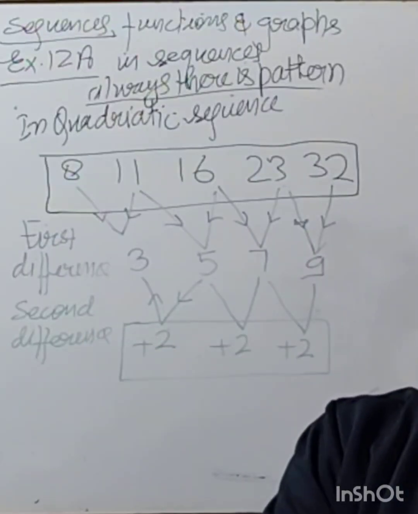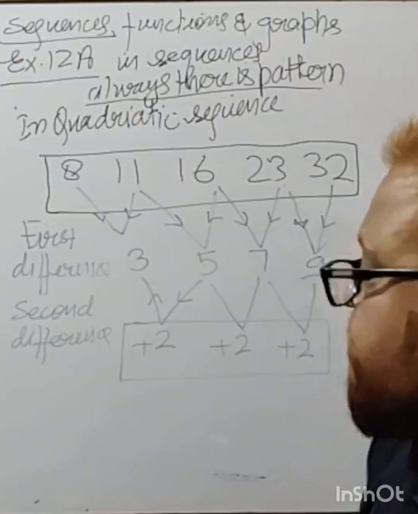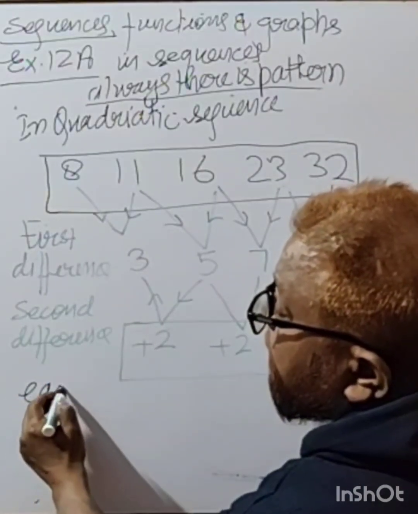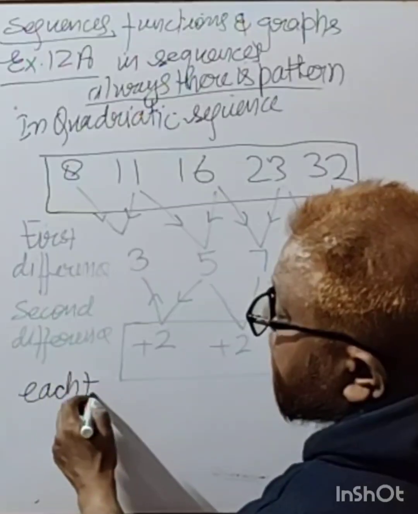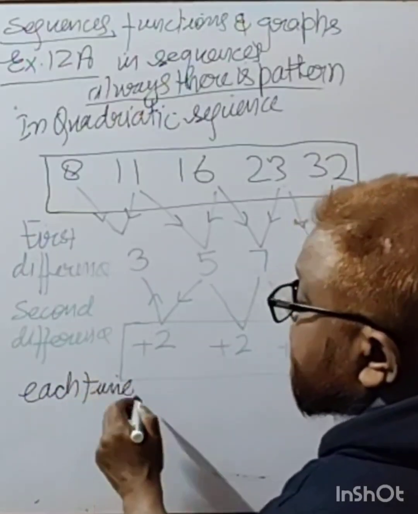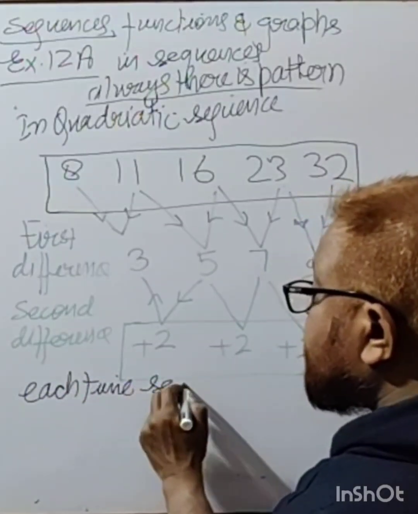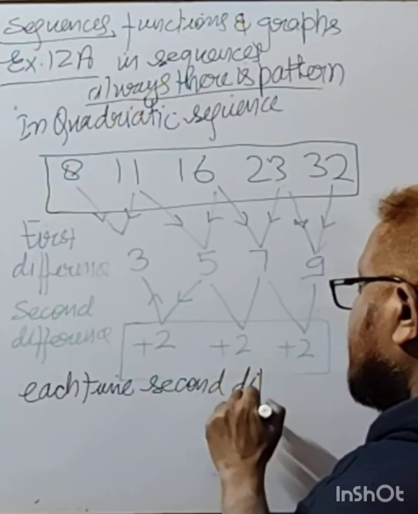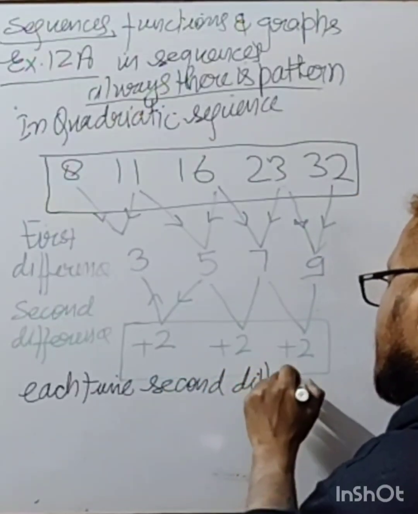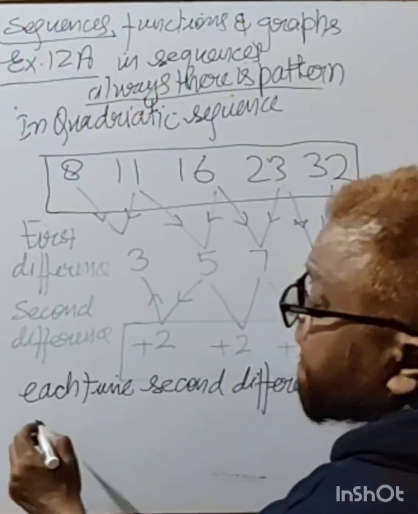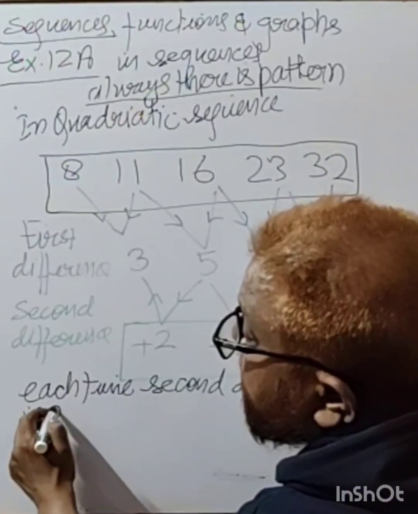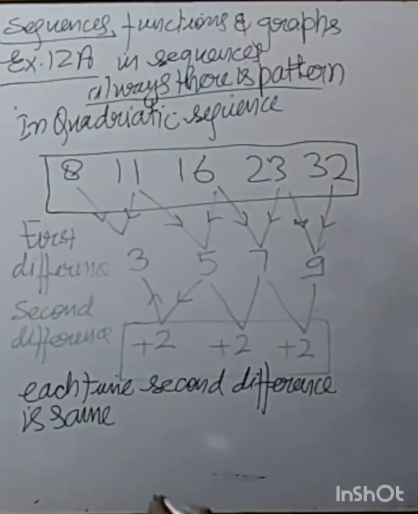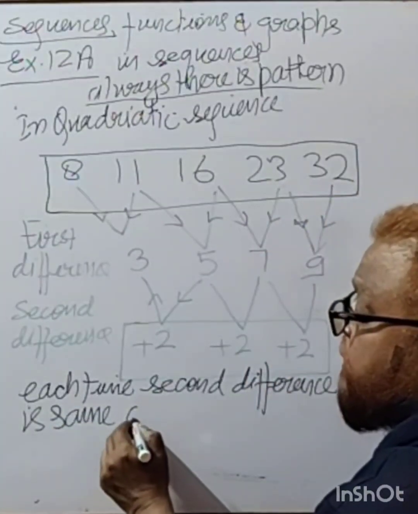Each time the second difference is the same. This we call a quadratic sequence.